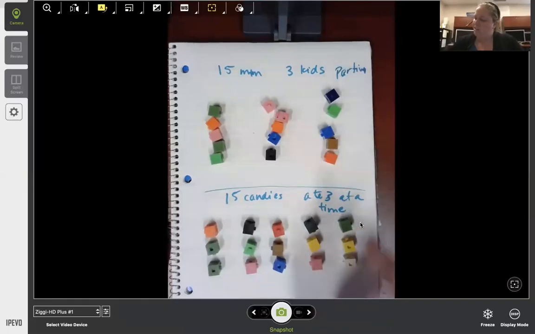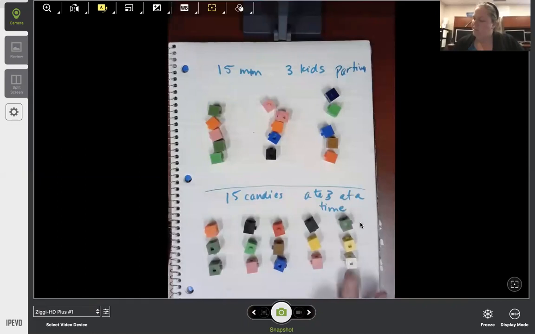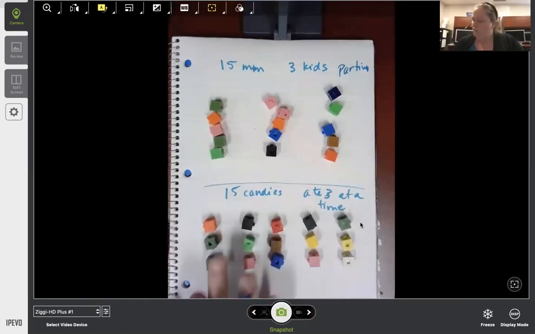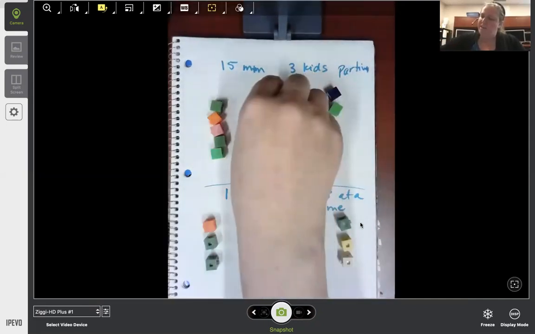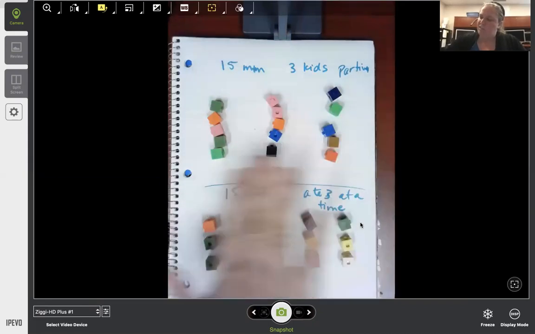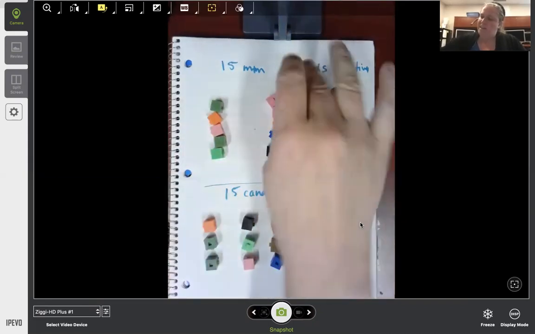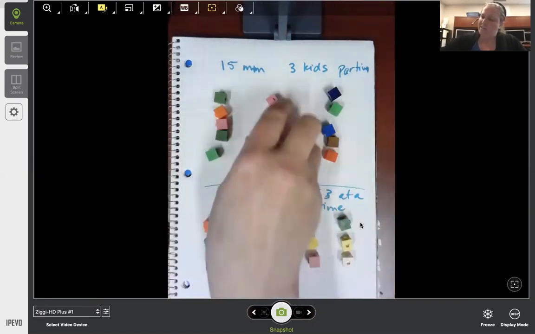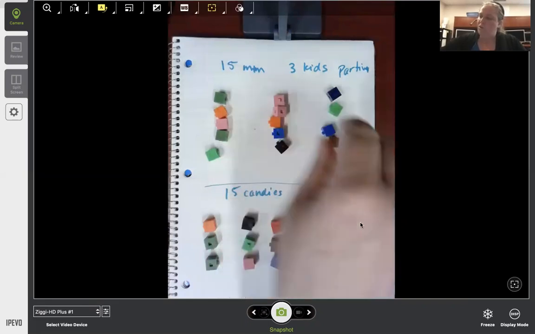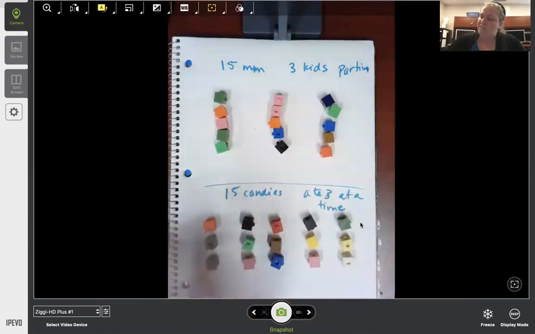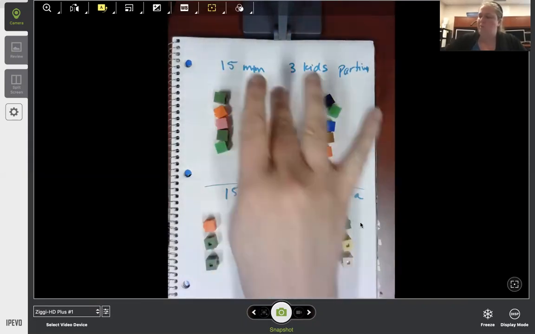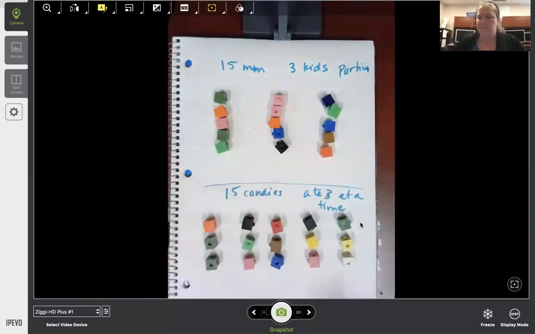And down here, we have 2 numbers in the division problem, 15 and 3. The 15 represents the total, and the 3 in partitive represents the number of parts or groups. And then the unknown is how many are in each of the groups.